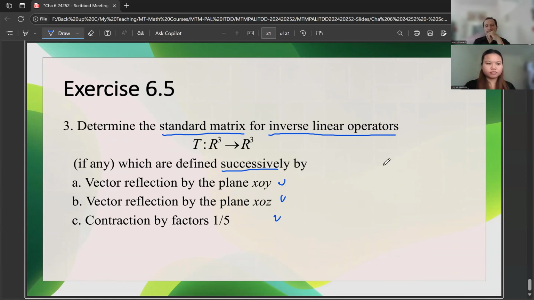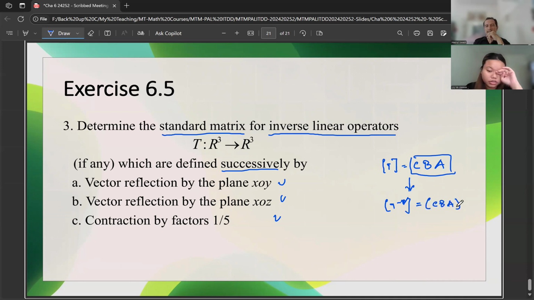Jadi we must know T first as the C, B, and A. After that, we must know T inverse. T inverse ini, T inverse dari hasil yang sudah didapatkan ini. So, C, B, and A nanti di inverse. Jadi pertanyaannya justru yang ini.